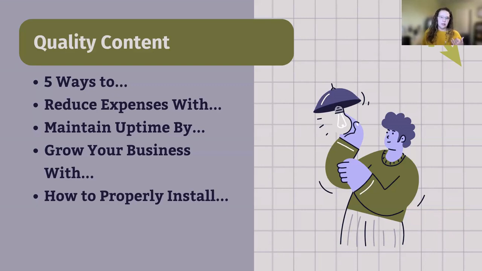So writing blogs that answer their specific questions provides them with a resource for solving their problems on their own, while also positioning you as a trusted industry expert. Some ideas for quality content would be 5 ways to, how to reduce expenses, how to maintain uptime, grow your business, how to properly install... things that people are typically searching for.